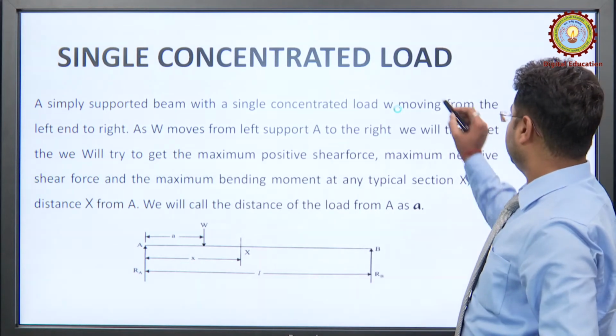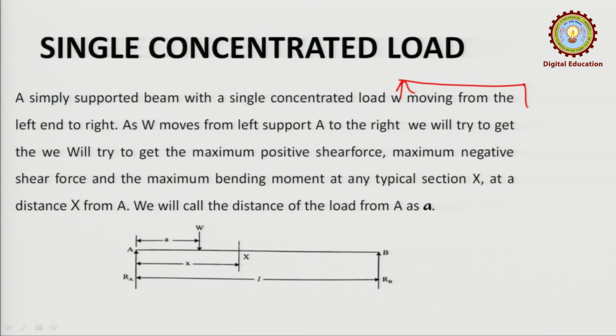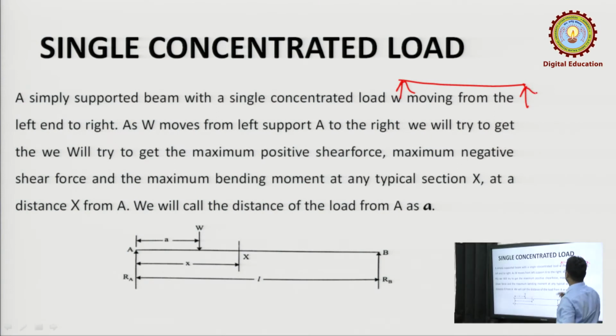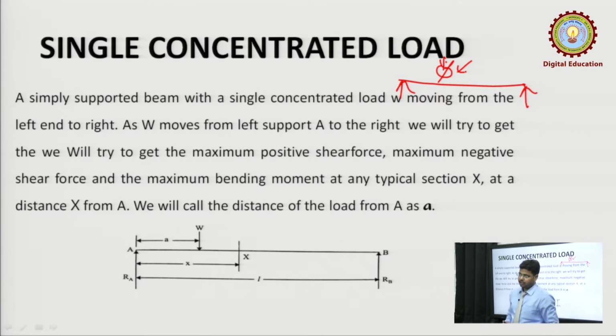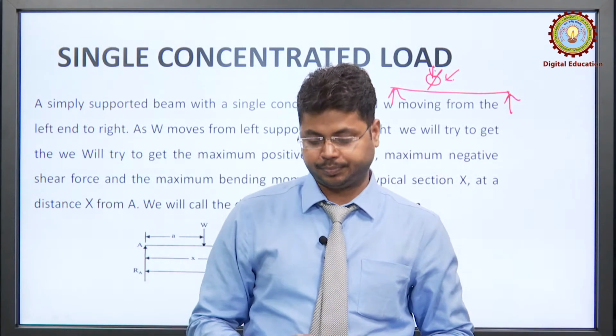We will discuss what the variation in the beam will be if we have a concentrated load on the beam, which is a rolling load. If this is the rolling load, how can we calculate the values of the shear force, bending moment diagram and reaction forces?